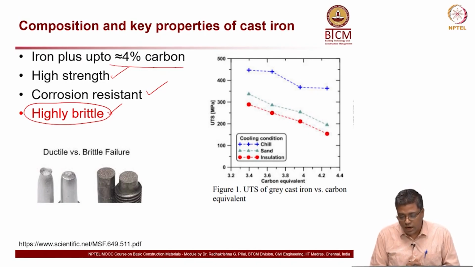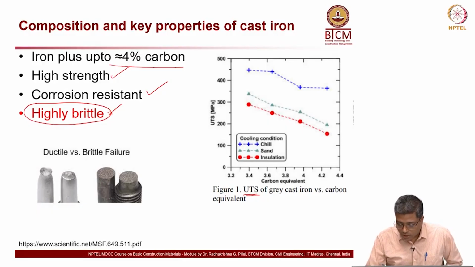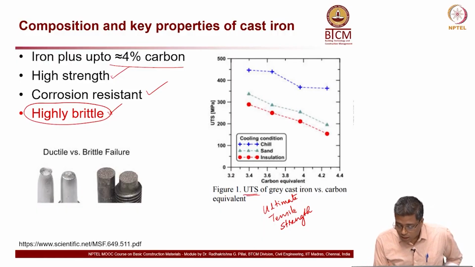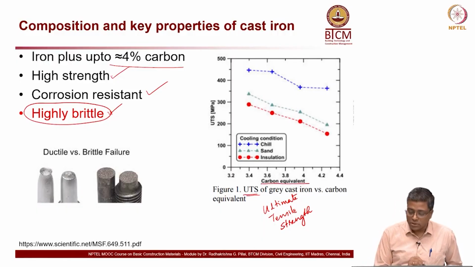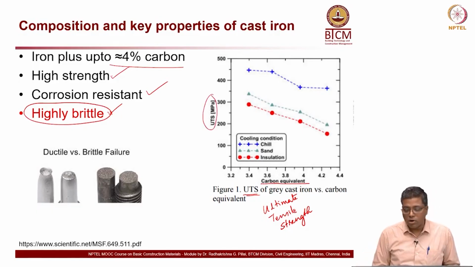So, now if you look at the graph on the right side, you will see UTS stands for ultimate tensile strength. Okay, UTS stands for ultimate tensile strength, and you can see here this is carbon equivalent on the x axis or abscissa and the ultimate tensile strength on the ordinate.